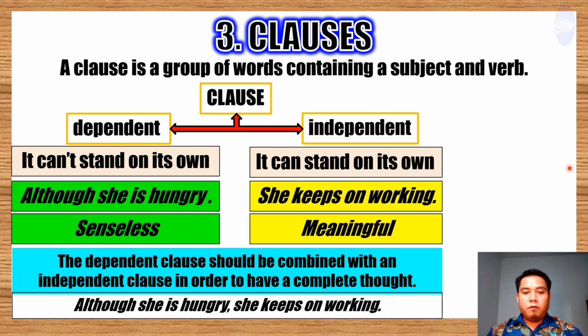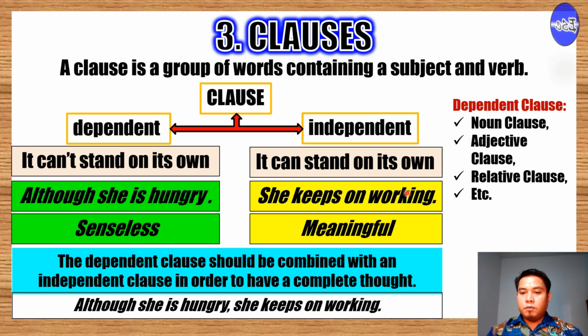So for example, if we combine these two clauses, although she is hungry, which is a dependent clause, she keeps on working, which is an independent clause. And now it has a complete thought, we get the meaning clearly. So that is the meaning of clause. Talking about clauses, a dependent clause can also be classified into noun clause, adjective clause, relative clause, and so on.